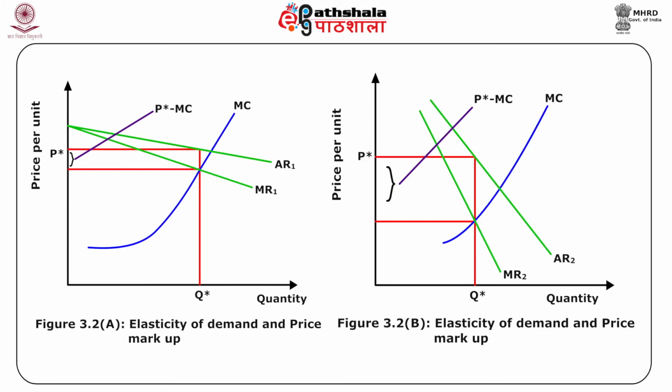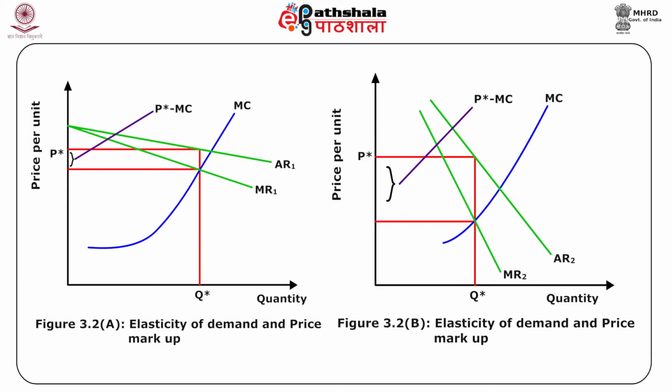The markup equation 1, which we had written earlier, shows that if demand is extremely elastic, price will be very close to marginal cost. In that case, a monopolized market will look much like a competitive one. In fact, when demand is very elastic, there is little benefit to being a monopolist. This is clearly illustrated in figure 3.2a.